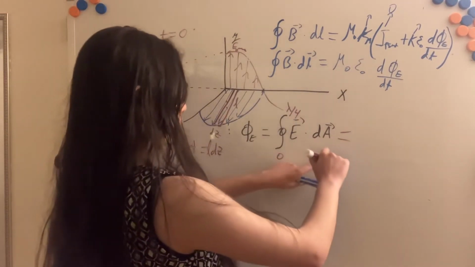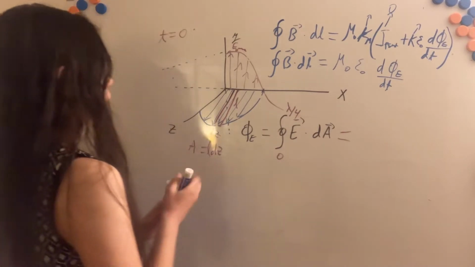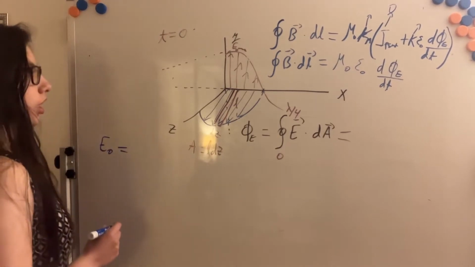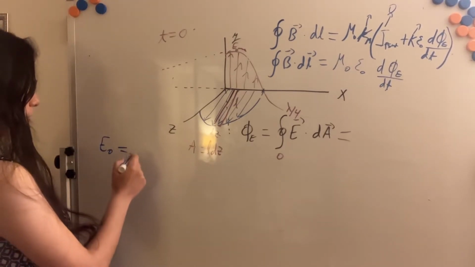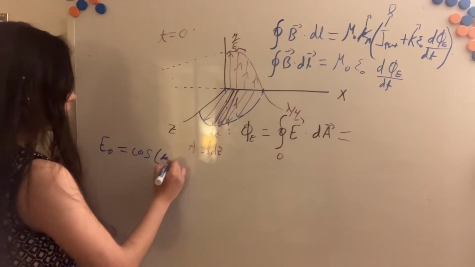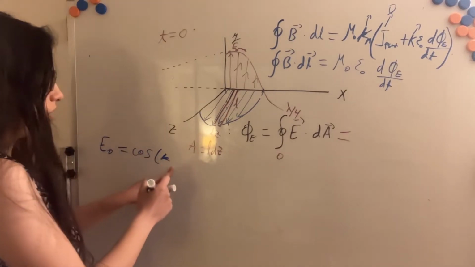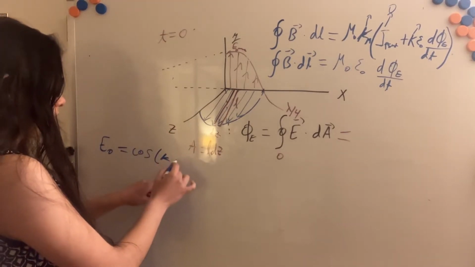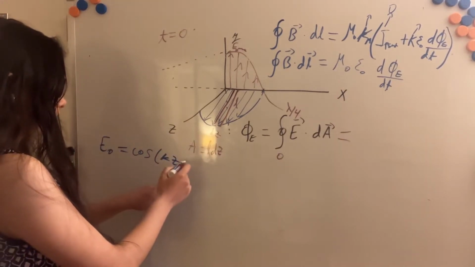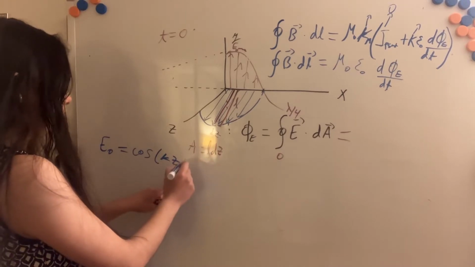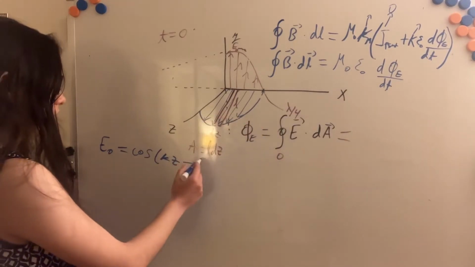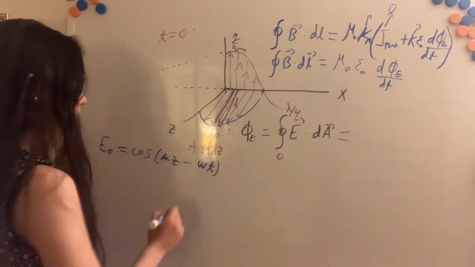In the previous video we saw that the equation for the electric field in an electromagnetic wave could be cosine or sine. In this case, cosine of k, the wave number of the wave, times the propagation, in this case could be z or could be x, plus or minus depending on the propagation, omega times t.